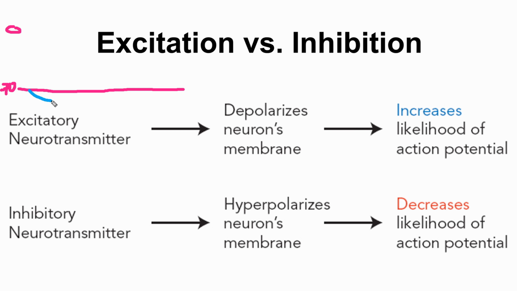So in order for this cell that's been inhibited to fire, we would have to get a ton of excitatory signals to bring it back up just to hit the threshold before we could fire. So by making it more negative, by hyperpolarizing that membrane, we make it less likely that an action potential is going to occur. We're making the cell more negative and making it harder for that cell to fire.